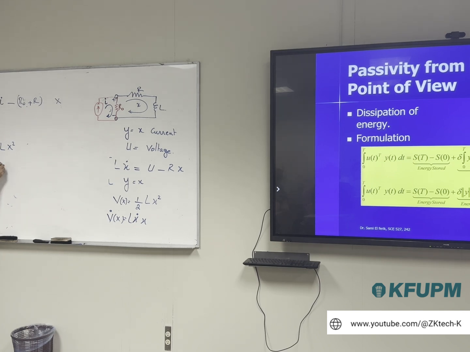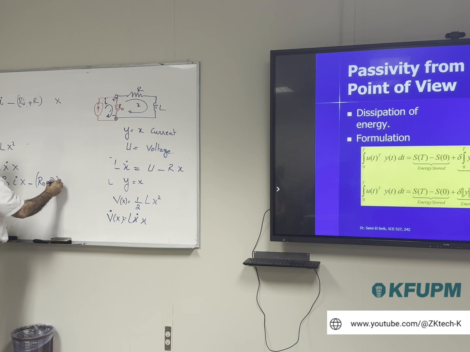This will be equal to L x prime multiplied by x, which is x multiplied by I multiplied by R0, minus R0 plus R multiplied by x squared. But I did not get what I want.